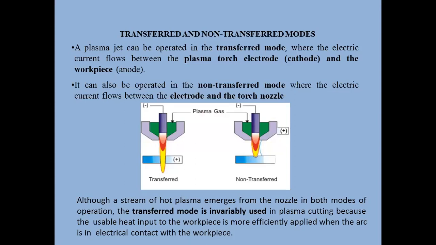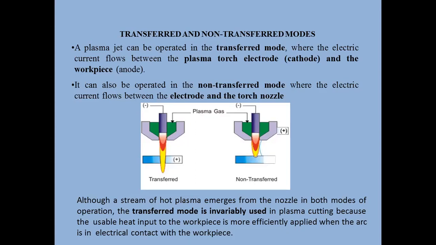Before that, I'm going to remind you that we have a power supply which has 2 anodes, with a switched circuit: we have the nozzle of the plasma jet as anode for one set of circuit, and for the other set we have the workpiece as anode.